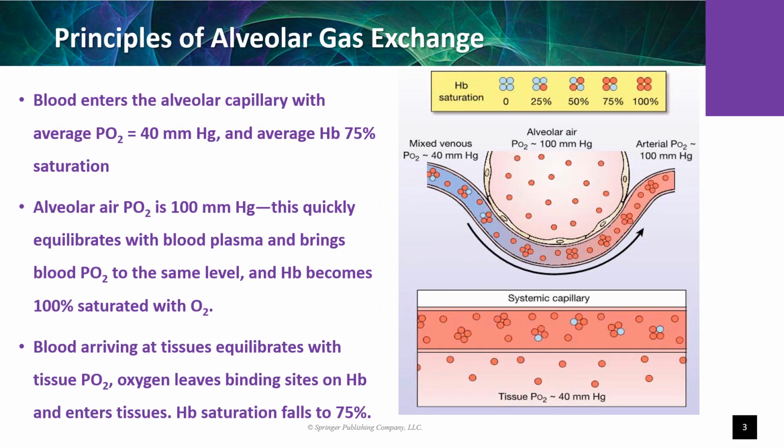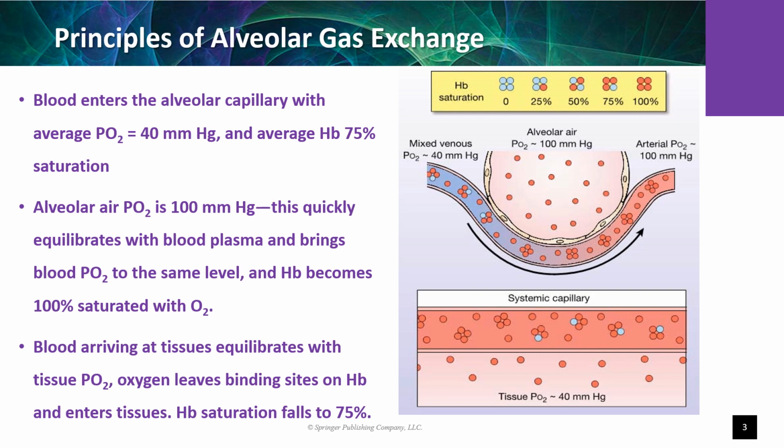The blood entering the alveolar capillary has an average oxygen partial pressure of 40 millimeters of mercury, corresponding to 75% saturation of hemoglobin with oxygen. Immediately on encountering the alveolar partial pressure of oxygen of 100 millimeters of mercury, the oxygen moves down its partial pressure gradient to equilibrate with capillary blood.